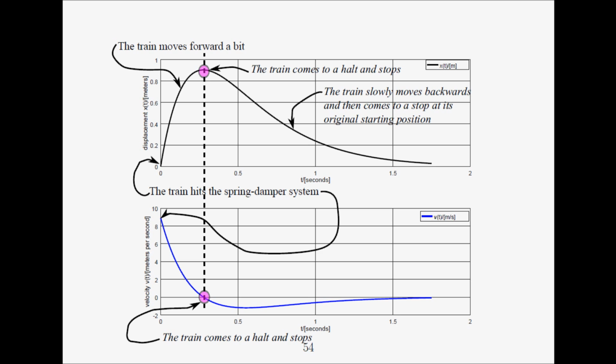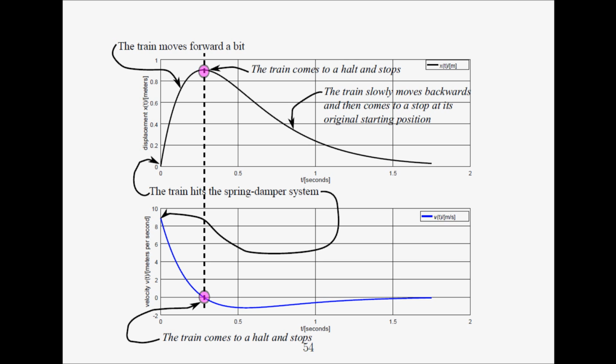Let's look at the velocity. The velocity graph, this is the time, this is the velocity. The initial velocity is 8.9 meters per second, so that's the highest velocity. The train is physically moving forward. The spring and the damper are pushing back against the train, therefore the velocity goes down to 0.